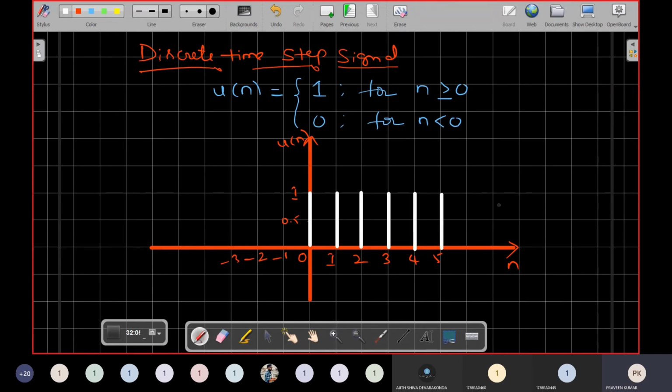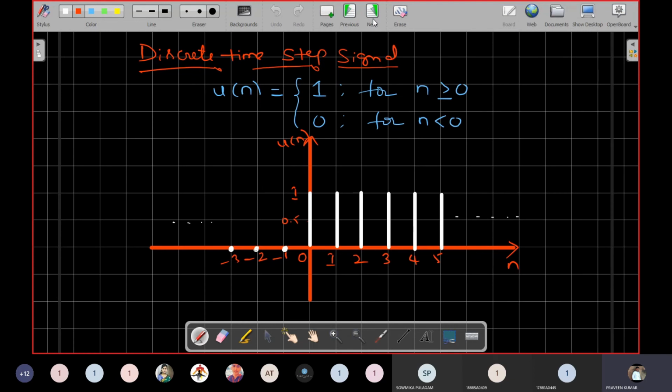For negative times, the amplitude is 0. So n is equal to -1, 0, n is equal to -2, 0, n is equal to -3, 0, and so on. Okay, this is the graphical representation of the unit step.